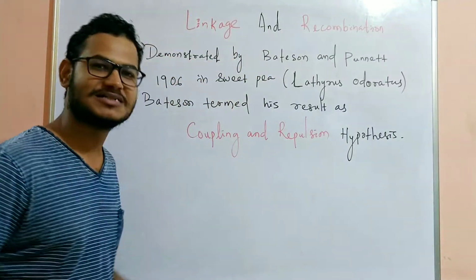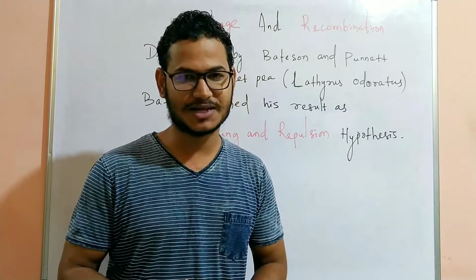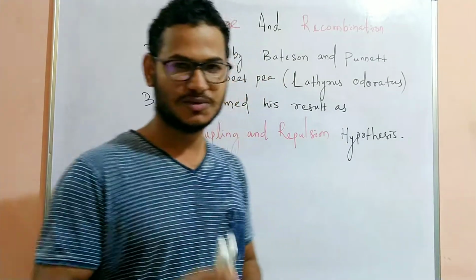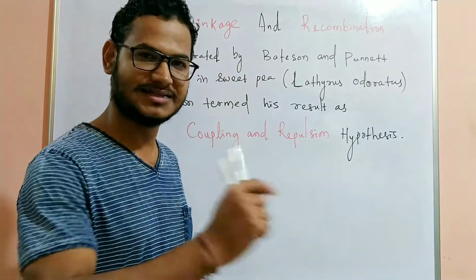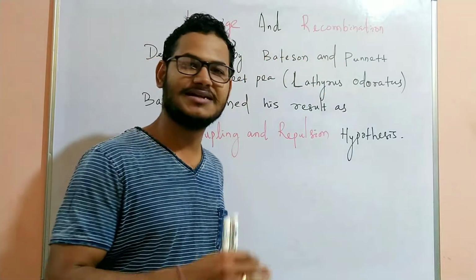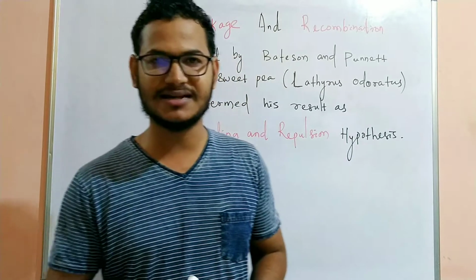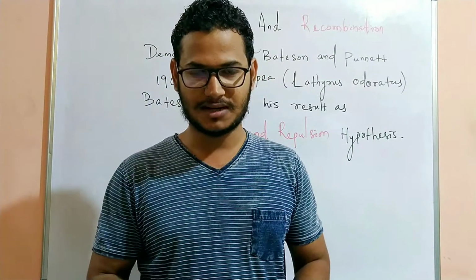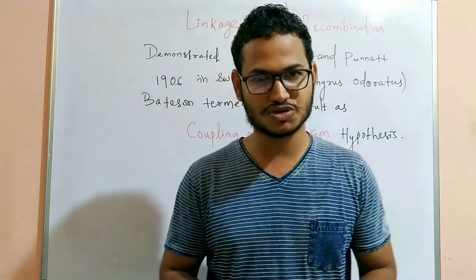So today we are going to discuss linkage and recombination. It is very important for the 12th standard students. So focus on this video so that you can easily understand at the end. So linkage and recombination, before going into detail, we should know that according to the chromosomal theory of inheritance, the chromosomes carry the genes and the number of genes is more than the number of chromosomes.